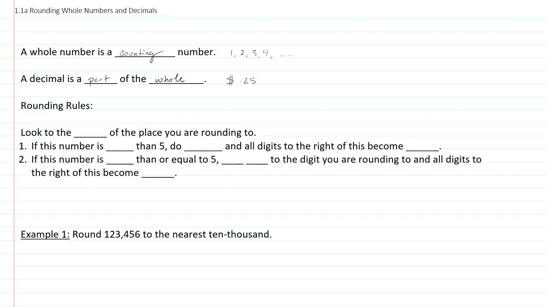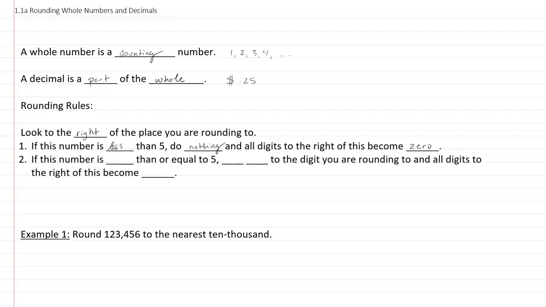When we want to round whole numbers and decimals, there are some rules we have to follow. So we always look to the right of the place we are rounding to. If this number is less than 5, do nothing, and all digits to the right of this become just 0.